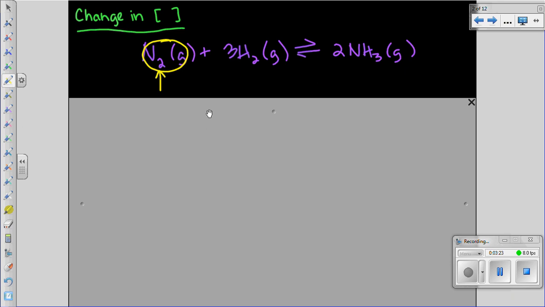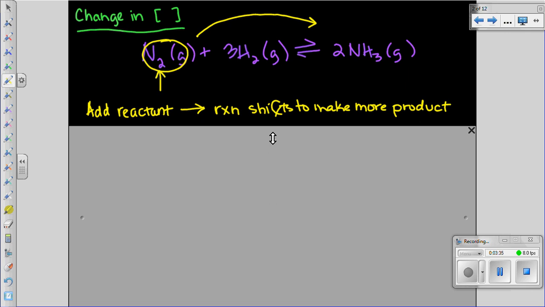So that's the stress. Now when you add a reactant, there's more reactants available. So the reaction is going to shift to the right to produce more products. So if you add a reactant or increase the concentration of a reactant, the reaction is going to shift to make more products. So what's going to happen is that your concentration or pressure of ammonia will increase.